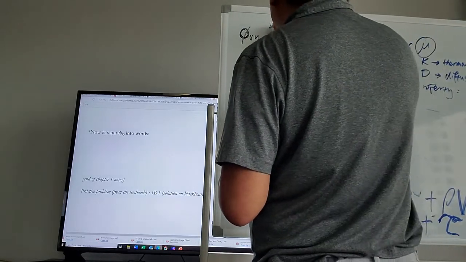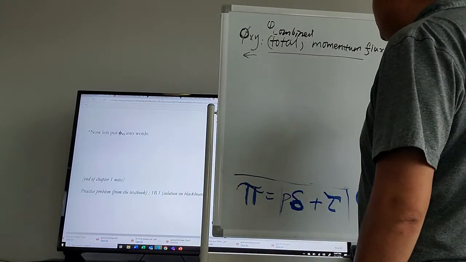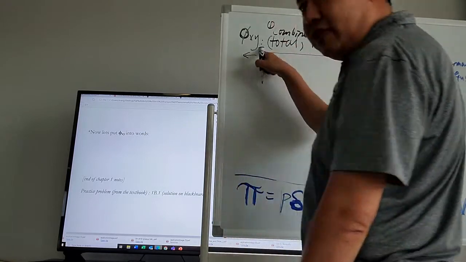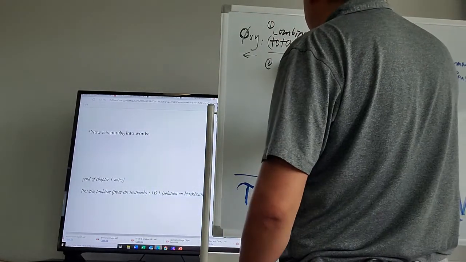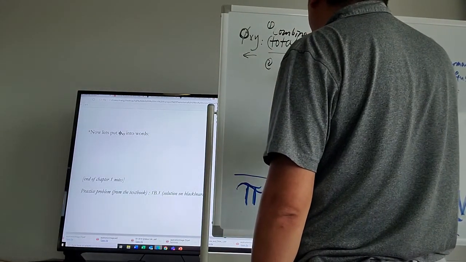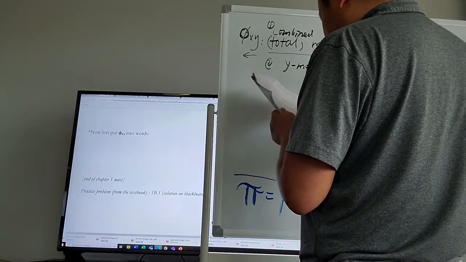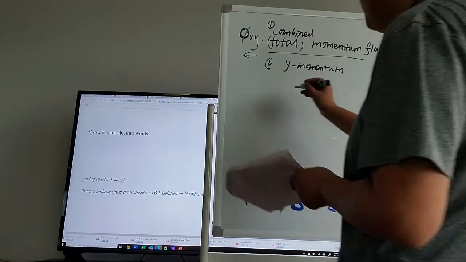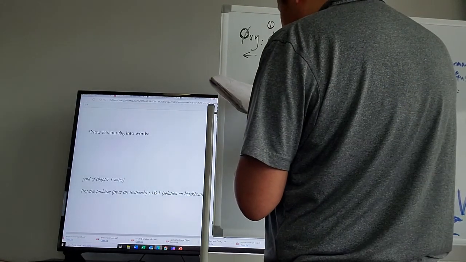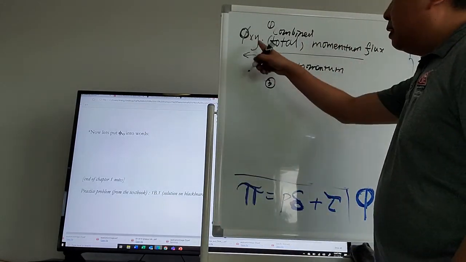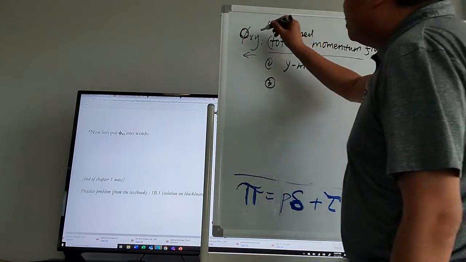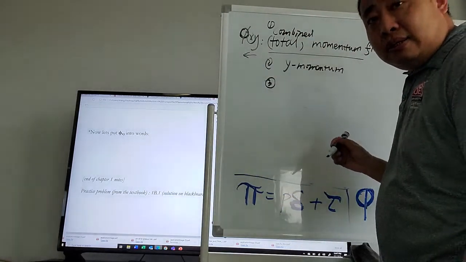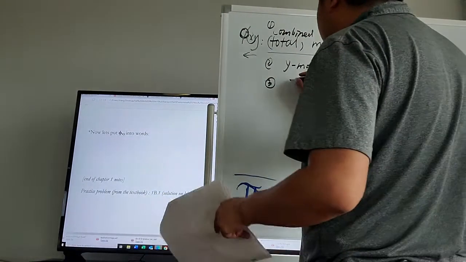So this is the first component. And the second component, for this y, we know it is y momentum, itself from y. And then the x, we're talking about the impact.